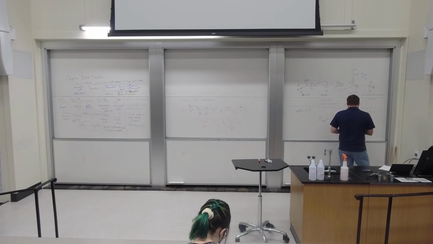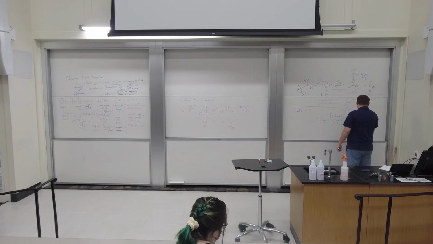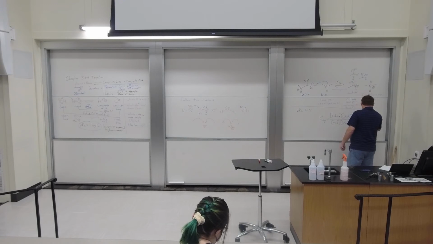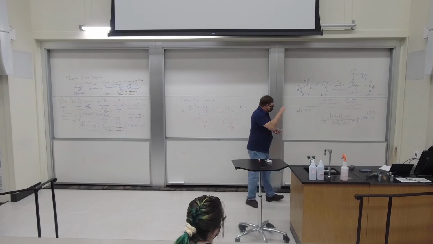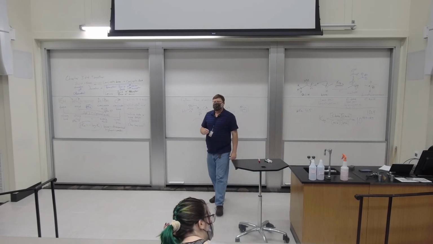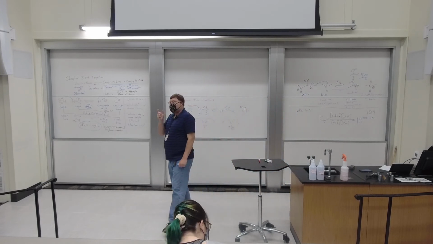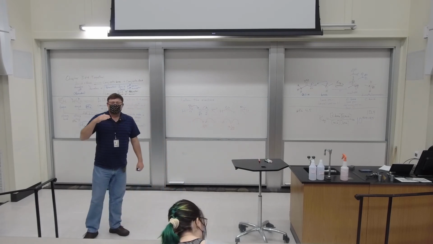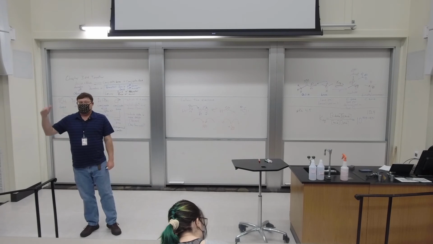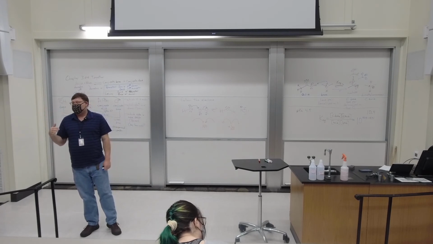And here is the cool thing. I just skipped like a whole bunch of algebra there. It's always going to be the equilibrium constant for an acid-base reaction is going to be 10 raised to a power of the pKa of the favored acid minus the pKa of the unfavored acid.